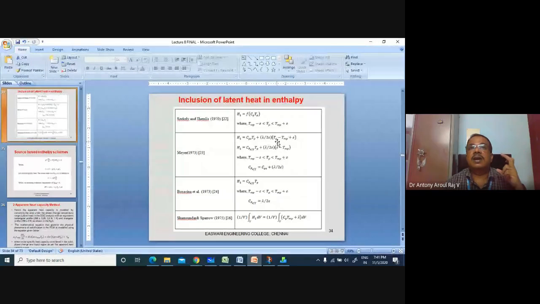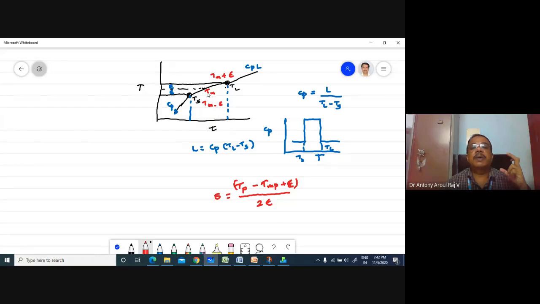If I take somewhere in between, the Tp value is 31, and the middle point is again 31. So it is 31 minus 31, and from the same expression we get the same value.